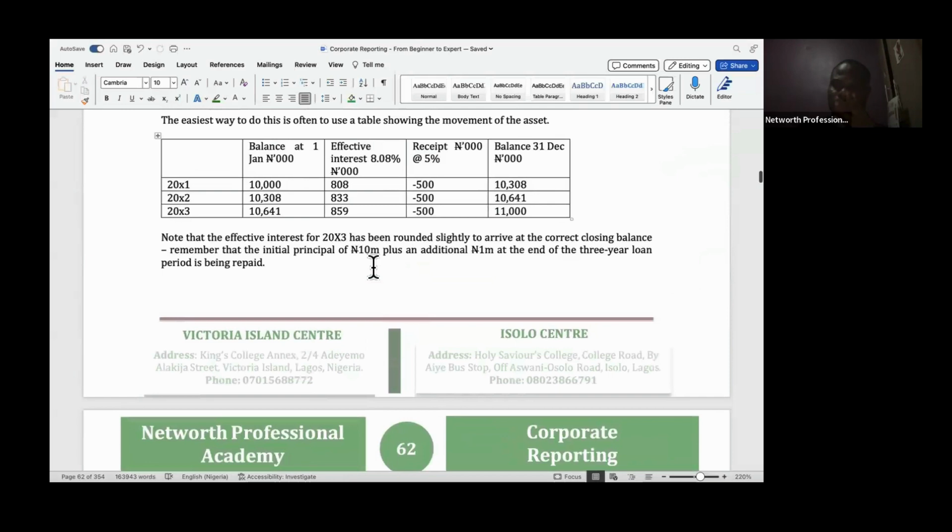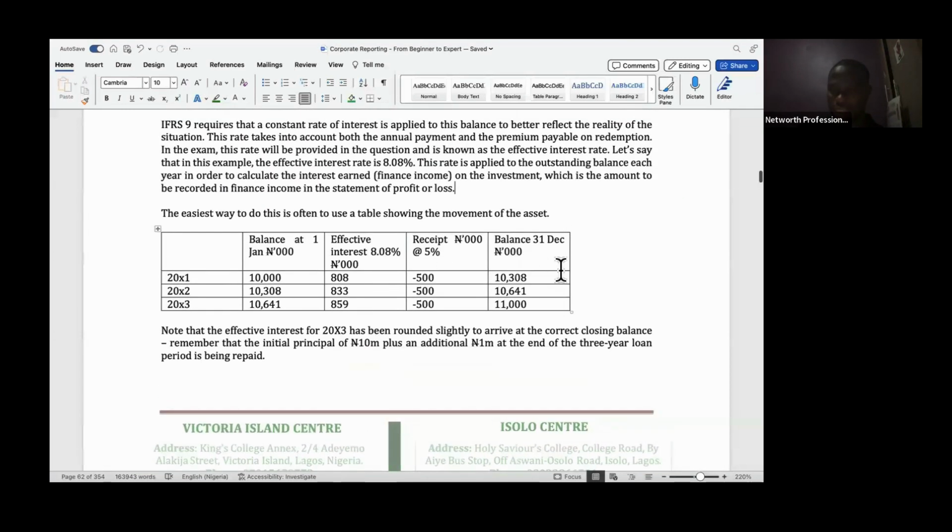Now, let me use this same example to explain fair value through OCI and fair value through P&L. You see, for fair value through OCI and fair value through P&L, you still have to do this table if there is an effective interest.